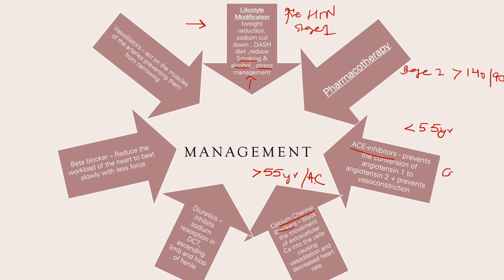Some examples are captopril and ramipril. Calcium channel blockers block the movement of extracellular calcium into the cell, causing vasodilation and decreased heart rate. Some examples are verapamil and amlodipine.